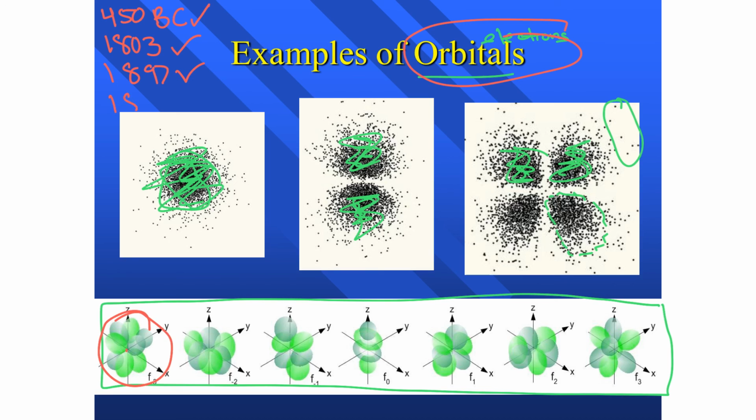And then Rutherford, with the gold foil experiment just a couple years later, discovered the nucleus. And then in 1913, we had the Niels Bohr model, where he said the nucleus was very small, but electrons traveled around in orbits, kind of like planets around the sun.